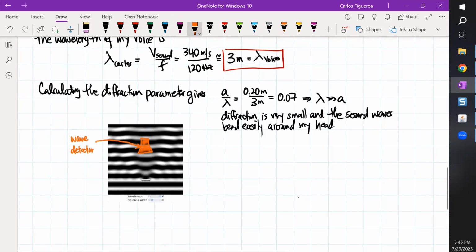What we're going to see is that right in here there is very little change in the wave pattern.